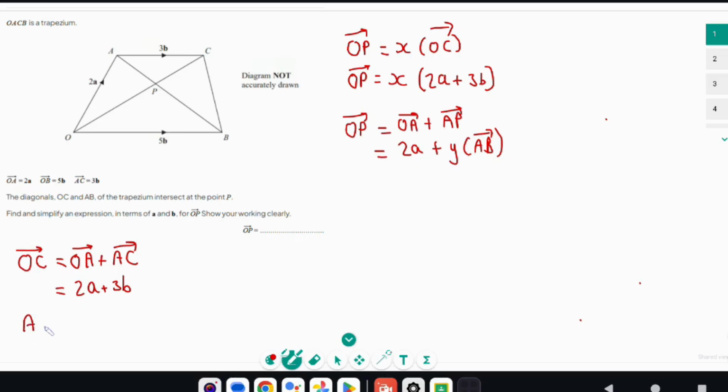Yes, we can, because AB is AO, negative 2a, plus OB, which is 5b. Now I've used a different letter, y, to represent my part way along the line AB, because obviously it's not going to be the same fraction along the line AB as it is OC.